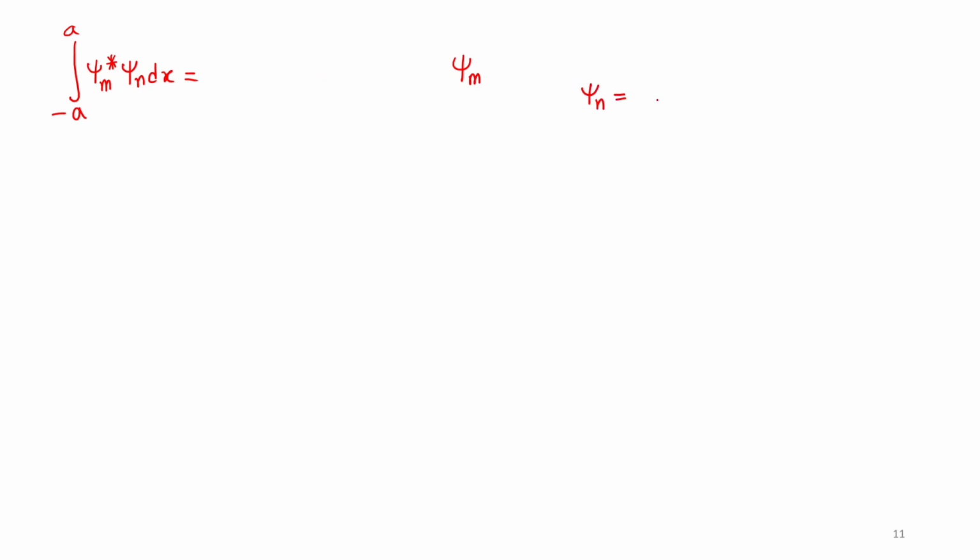Psi n is root over 1 by 2a, exponential i pi n x by a. So obviously my psi m is going to be, these are just constants, n and m, so this is i pi m x by a. Okay.